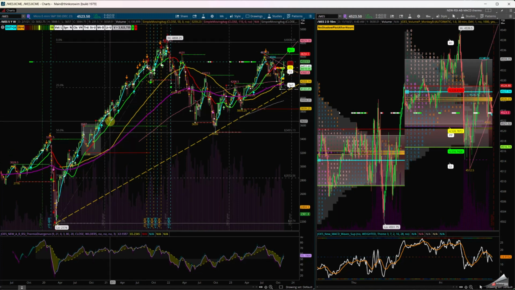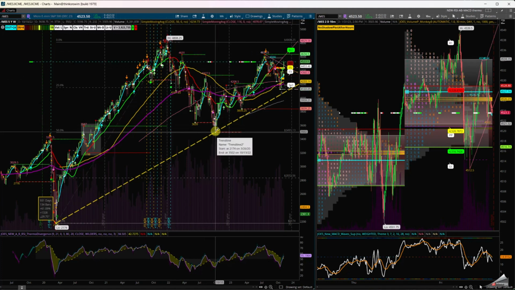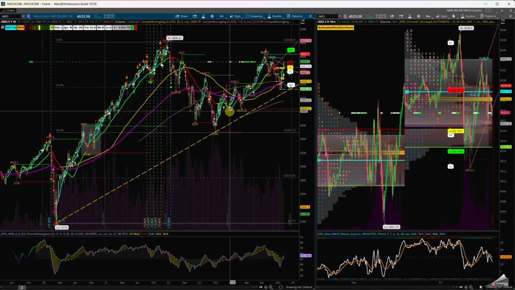We double bottomed here in February in 2022, rallied high. In 2022, we came back to October 10th low. December was a low, and in January of 2023, we double bottomed on March 23rd, or triple bottom, if you want to call these triple bottoms, because of the Silicon Valley Bank.